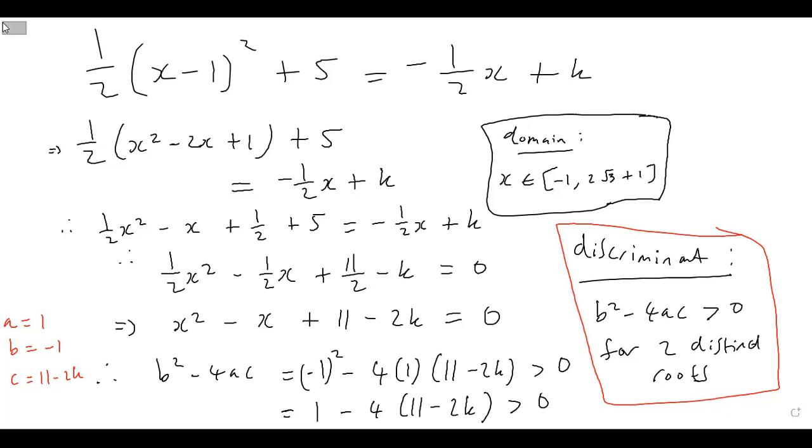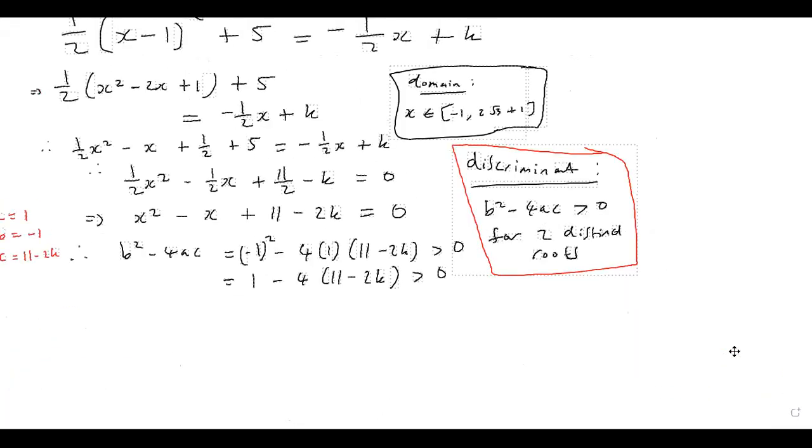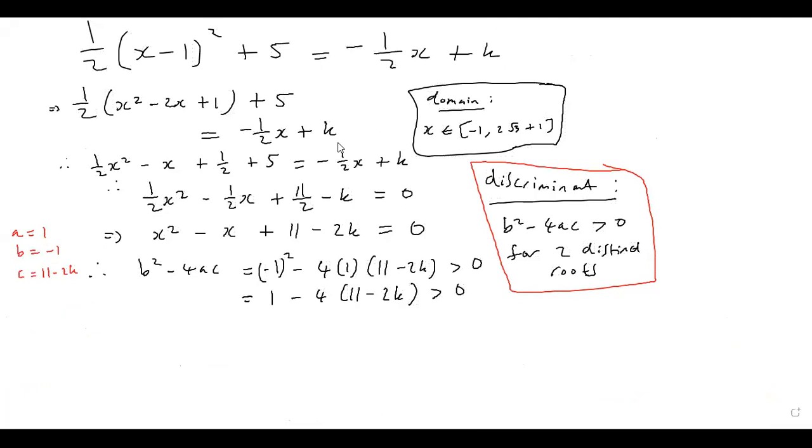Now then, let's just make my writing smaller so we can fit this all in. So we've got 1 minus, so 4 times 11, that's going to be -44. -4 times 2k, that's going to be plus 8k. It's got to be greater than 0.